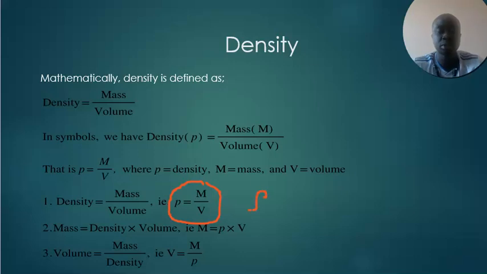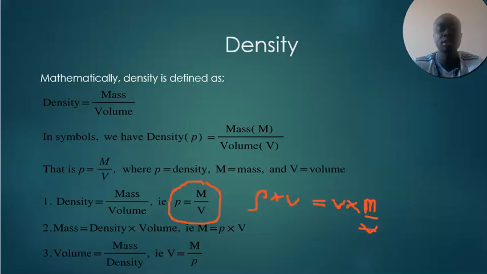our rho times our v should be equal to our v times our capital M over our v. So this is how it will come.